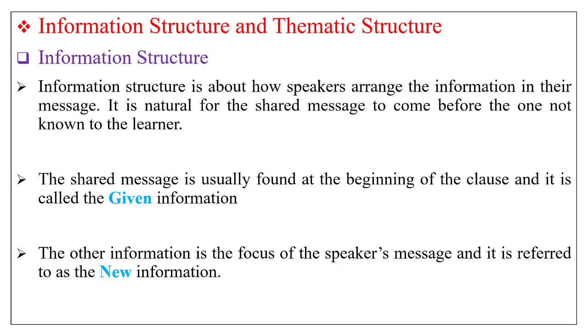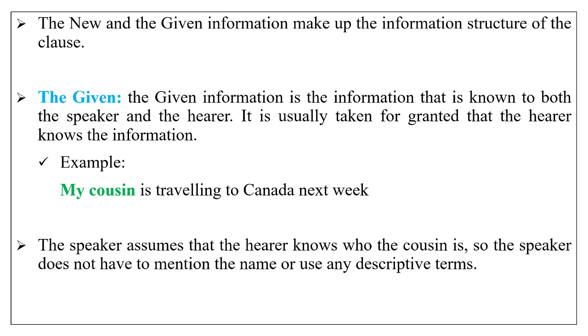This sentence is divided into two parts. The first part, the beginning, is the given information. And the second one, the other information, is the focus of the speaker's message and it is referred to as the new. So the rest of the sentence is called the new information. So the new and the given information make up the information structure of the clause.